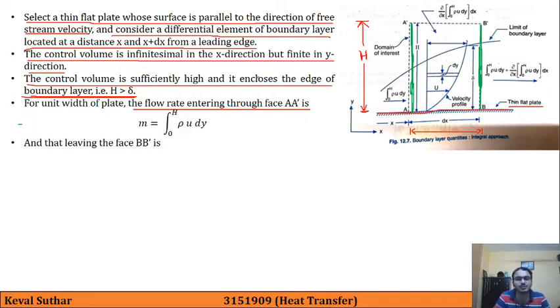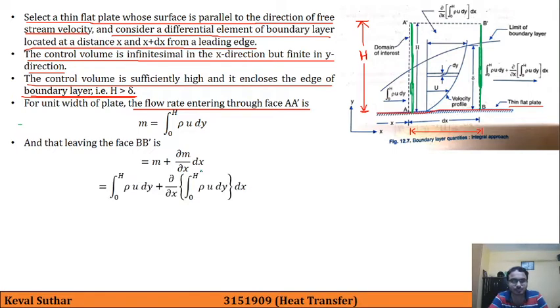For that, the formula is like this. That is our standard incremental formula, m plus del m over del x into dx. So finally we are getting this, that is the application of this m formula here.